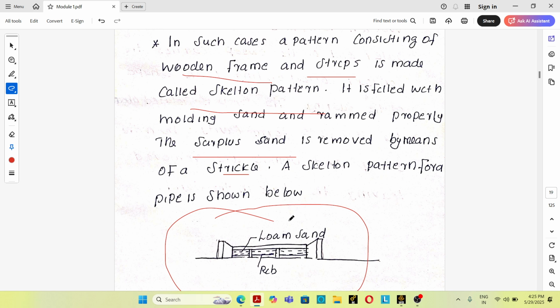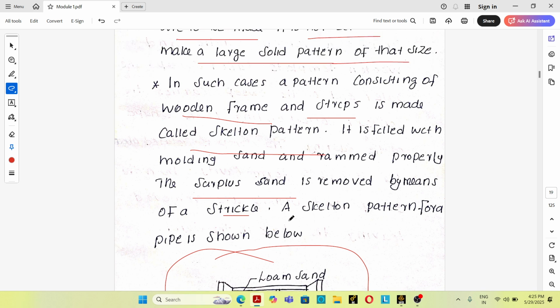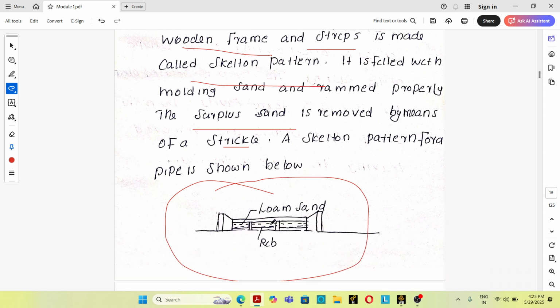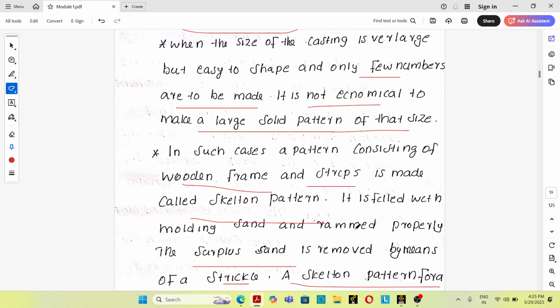In that case, a skeleton pattern will be made using a wooden frame and strips. After filling the sand, the surface sand is removed by a strickle and the mold shape is formed. Okay, so that is known as the skeleton pattern.